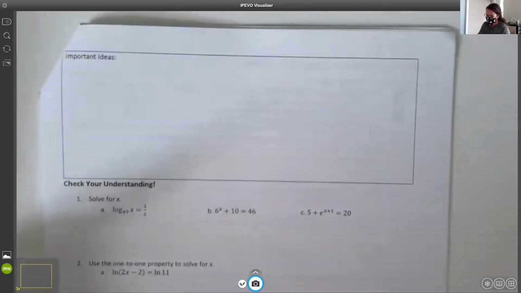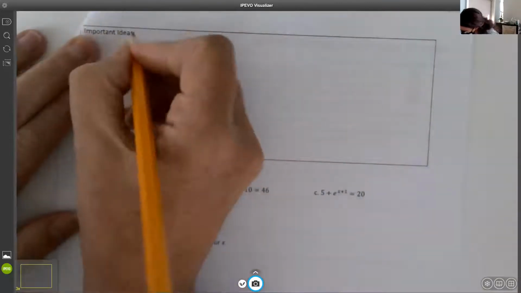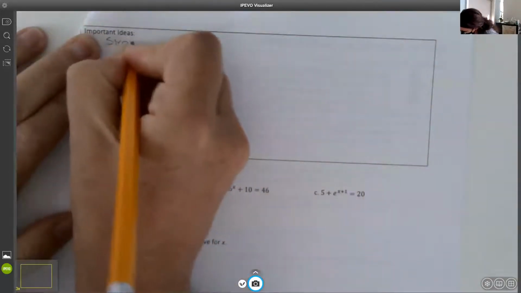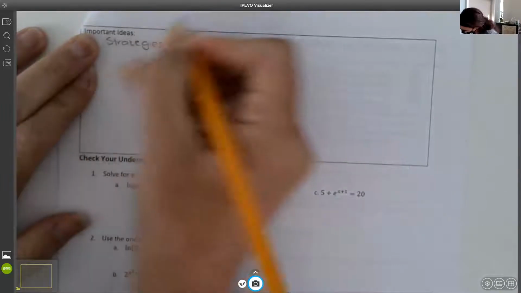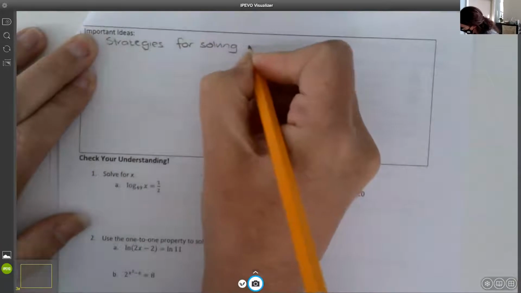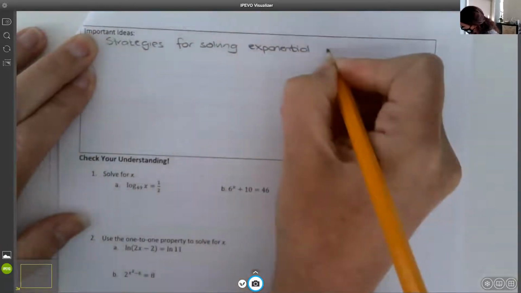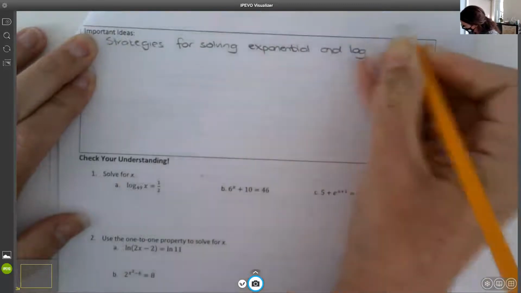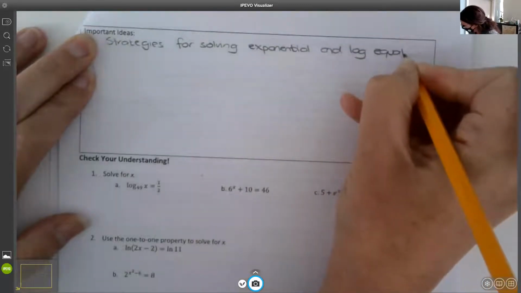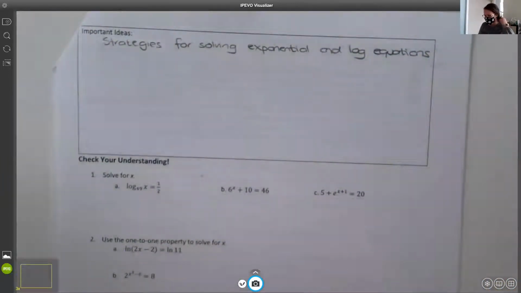We're going to summarize some different ways of solving exponential and log equations up at the top, and then we're going to work through some examples together. So let's go ahead and write this down, please. We're going to list some strategies for solving exponential and log equations.